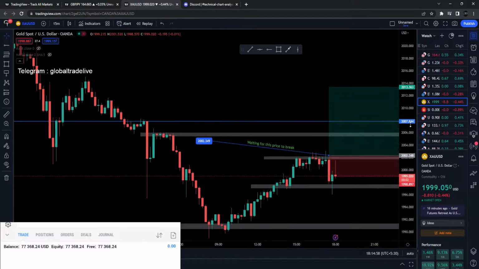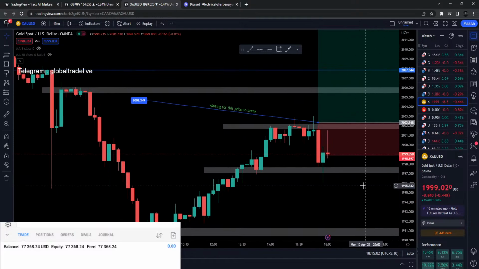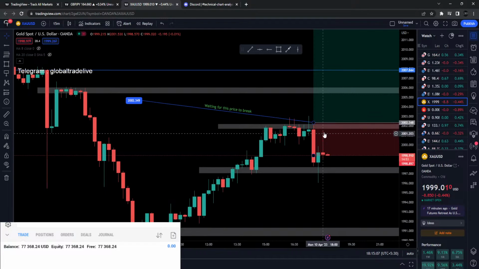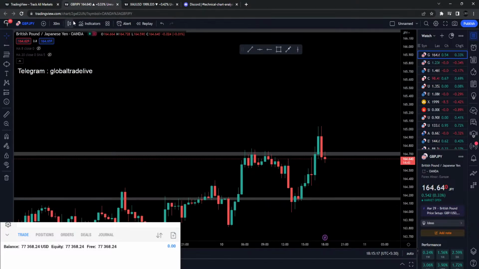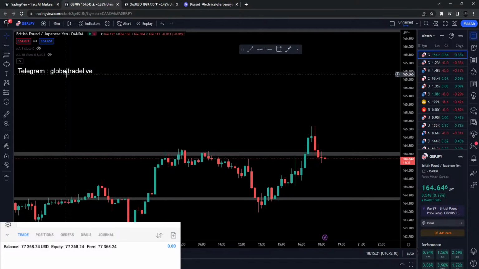Okay, so the 15-minute candle is closed right now, and it closed with a rejection over here. The 30-minute candle has 15 minutes to close, so let's just wait and watch.